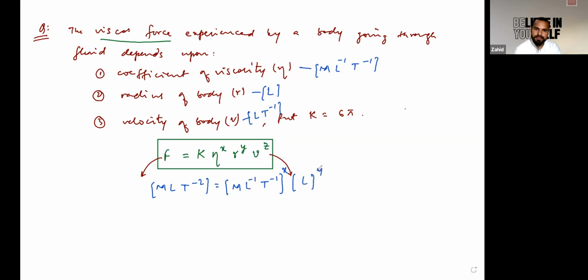R is length raised to y, and velocity is LT^-1 raised to z. Now on simplifying, you will get M raised to x, L raised to minus x from this, plus y from this, and plus z from this. Similarly, T raised to minus x from this part, and T raised to minus z from this part. Now just compare the exponent of each segment on left hand side and right hand side and try to define the value of x, y, and z.